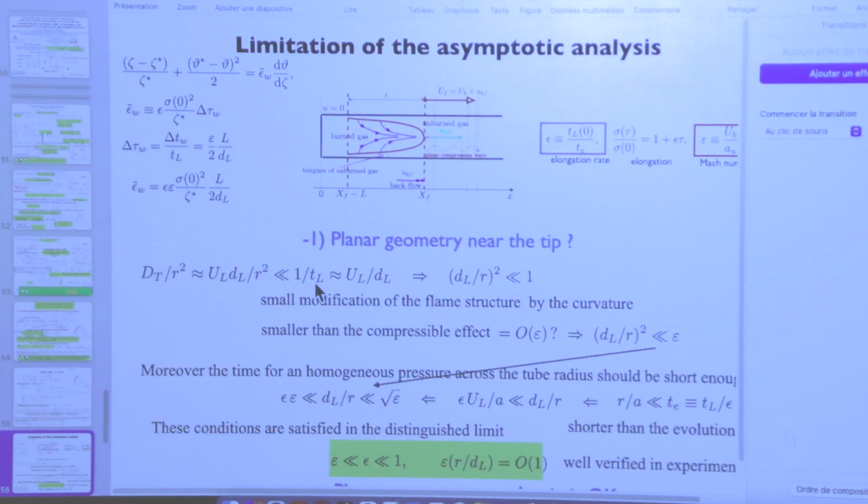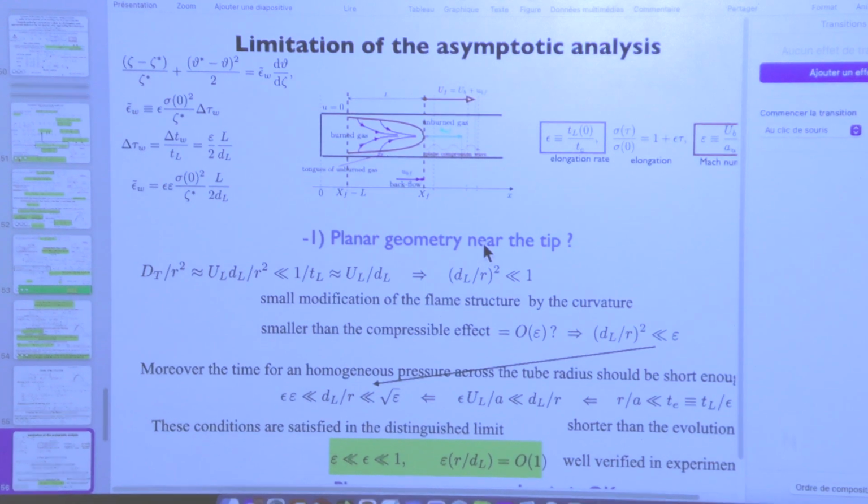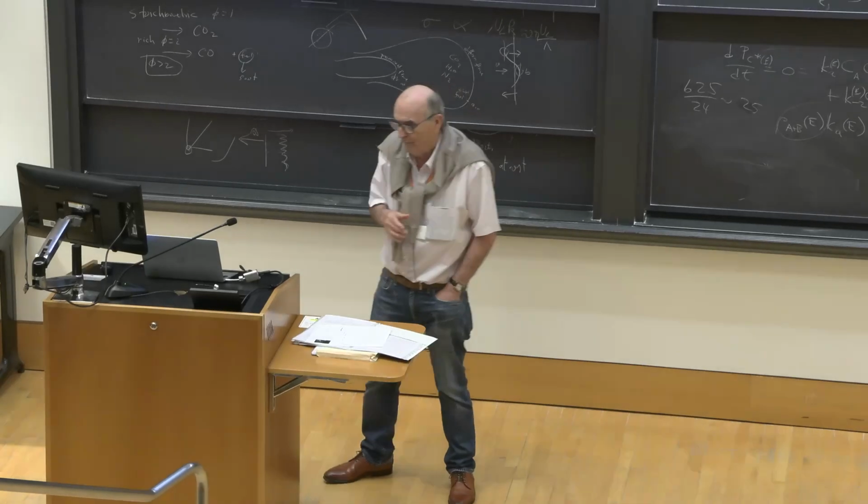So if the flame thickness divided by the radius is smaller than unity, you may neglect such a small term. In that case, you may neglect the modification of the inner flame structure by the curvature. That can justify the approximation of a planar flame.